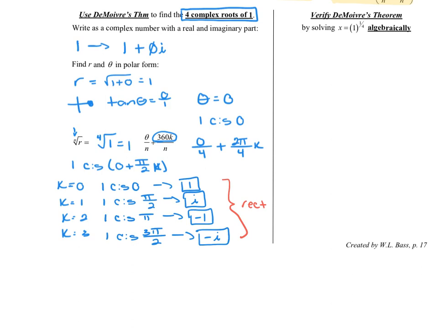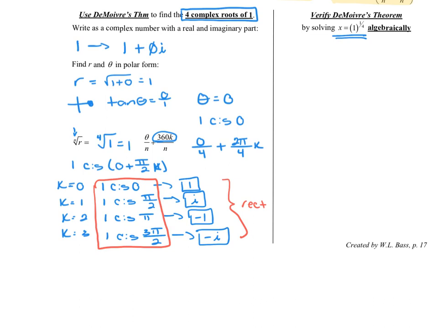If it only asked you to find the complex roots in polar form, we could have stopped right here. Now, the last thing that I want to show you is how that answer actually makes any sense. So over here in the other column, we're going to look at an algebraic example of what it asked us to do.